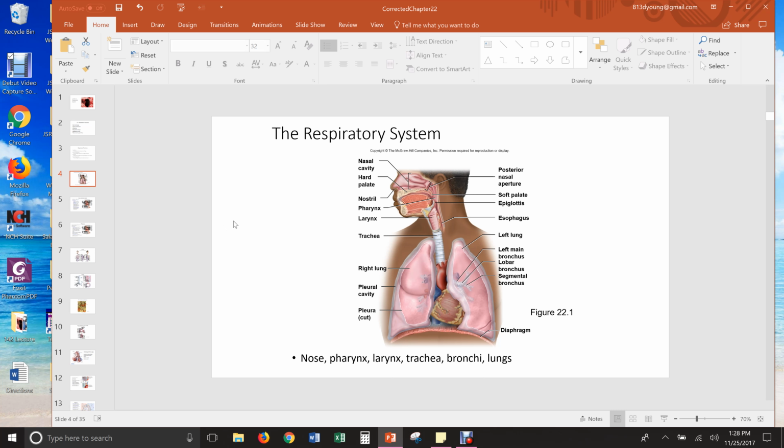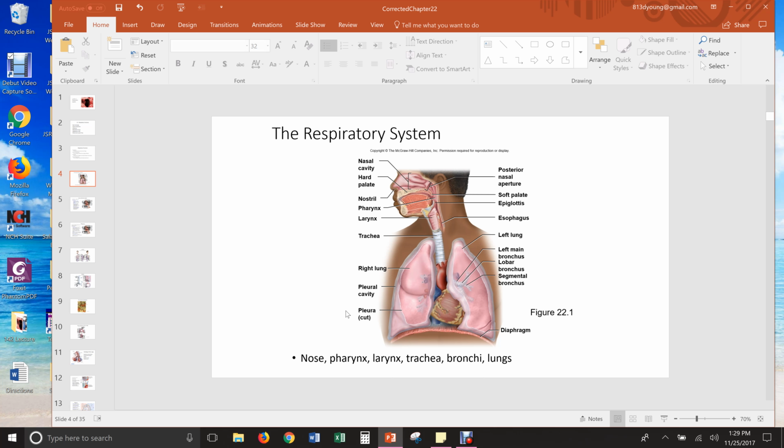When looking at the structure of the respiratory system, we're going to say that we have an upper respiratory tract and a lower respiratory tract. We're going to say that we have what's termed our conducting zone, basically air going into our nose, moving into those bronchioles.